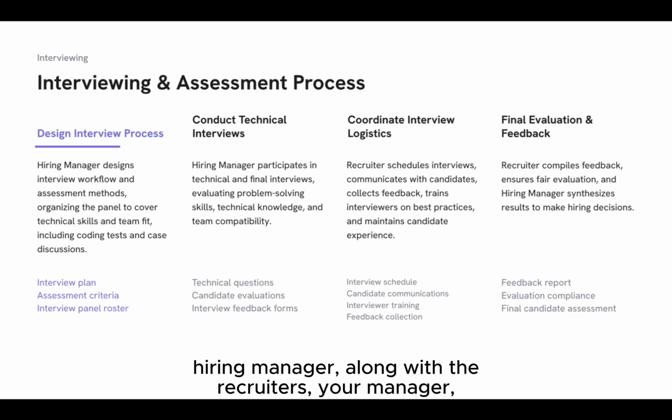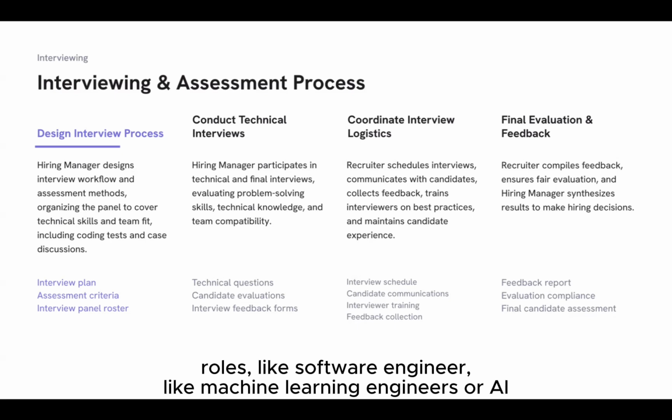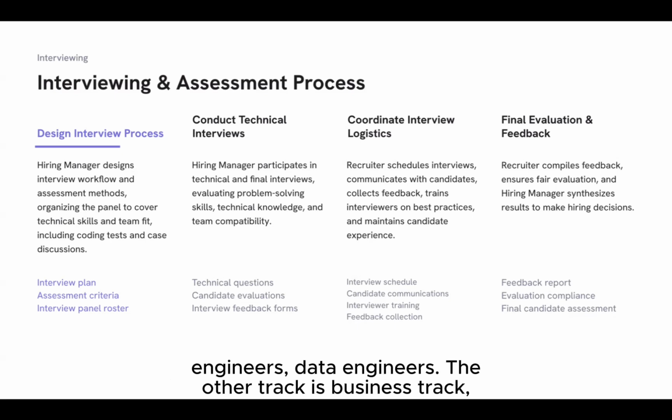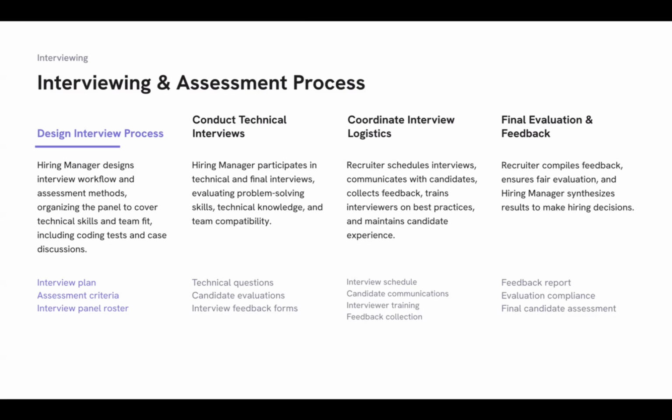If you are the hiring manager, along with the recruiters, your manager, engineering partners, and business partners, I typically run two interview tracks. One is the more engineering-driven roles, like software engineers, machine learning engineers, AI engineers, and data engineers. The other is the business track, like marketing, product, finance, or other areas in the company.